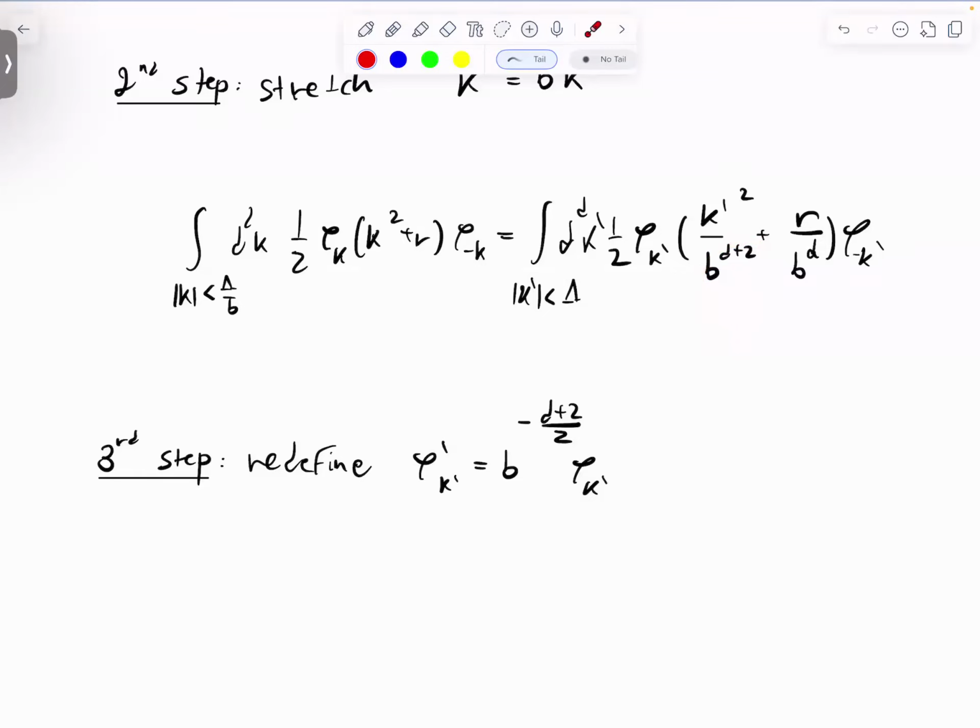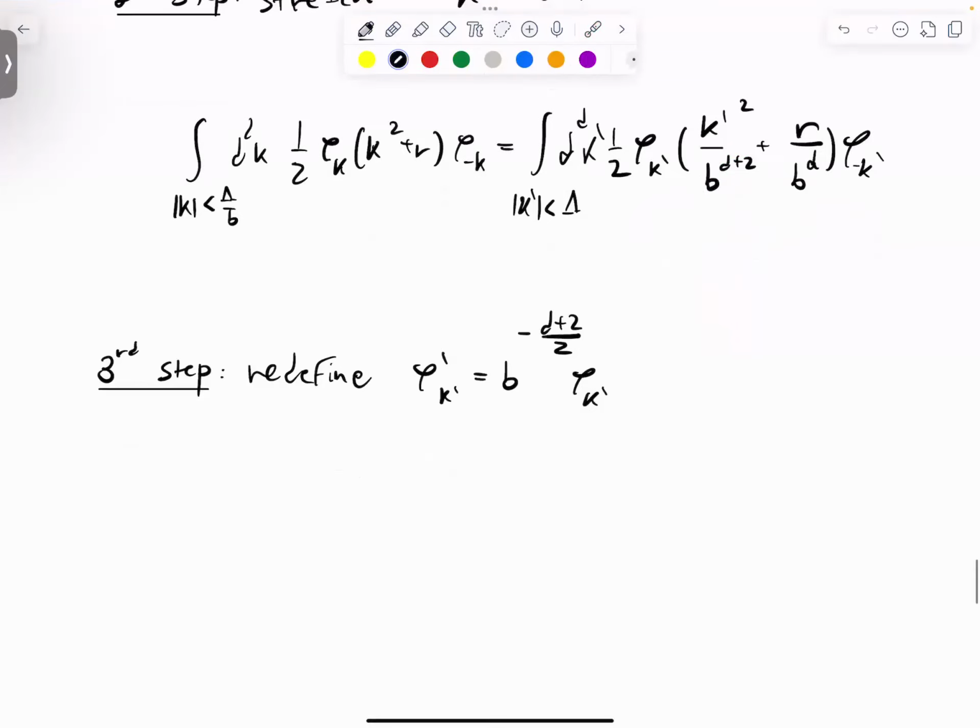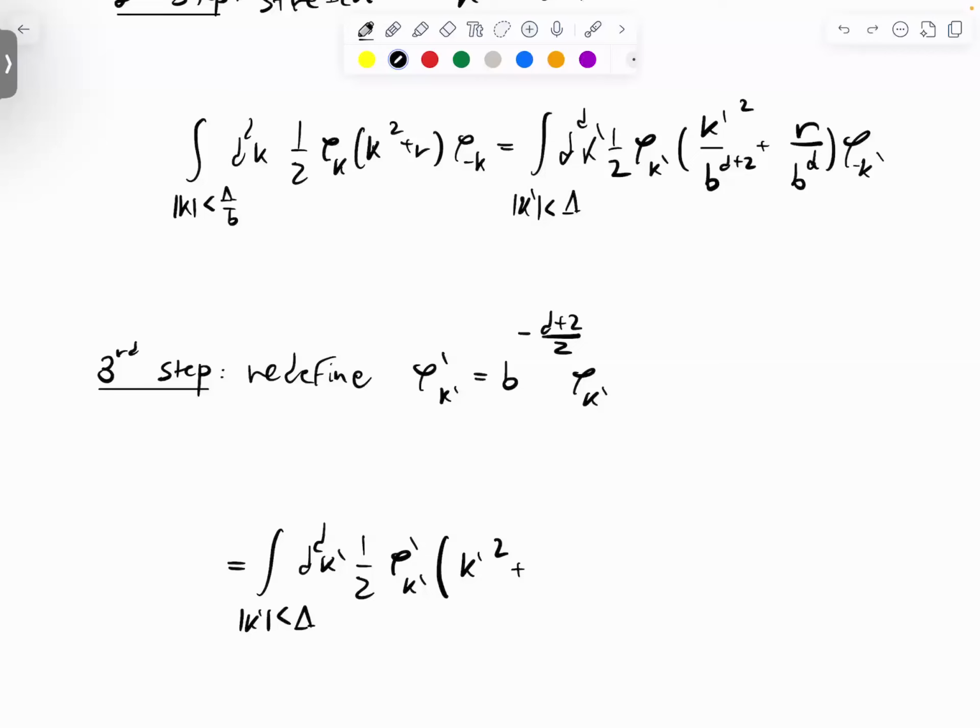Now, what it implies, okay, so first of all, let me write what you get. Then what you get is a theory that is, again, defined on the same cutoff, integral d^d k prime, 1/2 phi prime of k prime, and then I have k prime squared plus, okay, so now I have b squared times r.